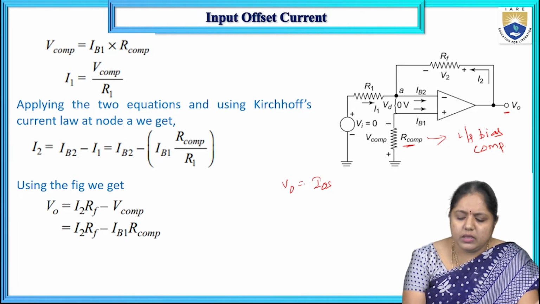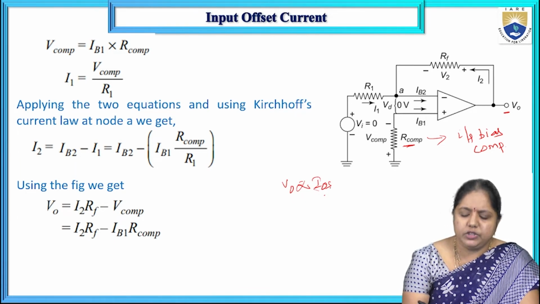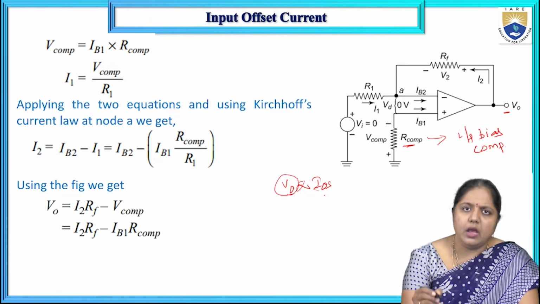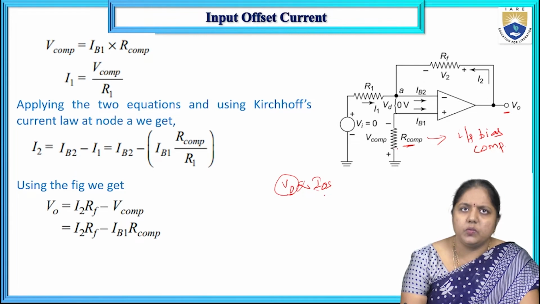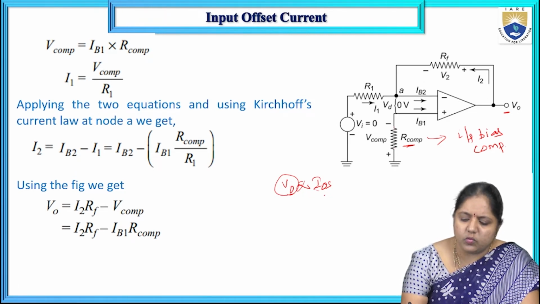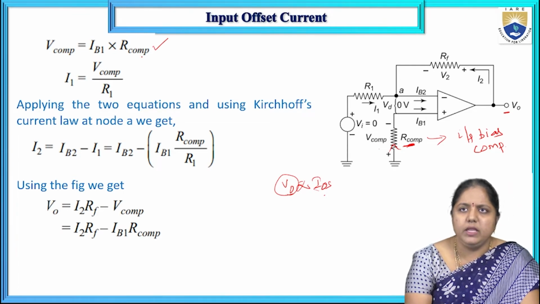To find the relation between this voltage and this current, I am doing the derivation. First find the voltage across the R comp resistor: V comp equals the current passing through R comp into its resistance value. That's why V comp equals IB1 into R comp.